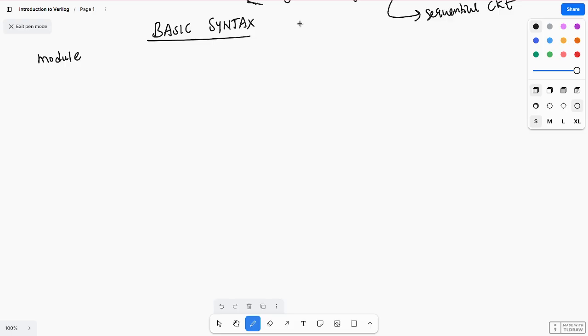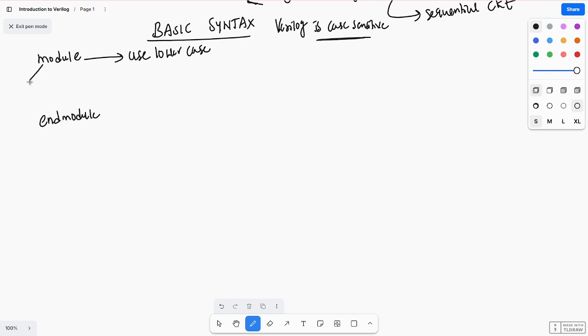Verilog is case sensitive. What is this? Verilog is case sensitive, so you need to use lowercase letters only. This is module; you need to use lowercase only. And next, it will end with what? Endmodule.